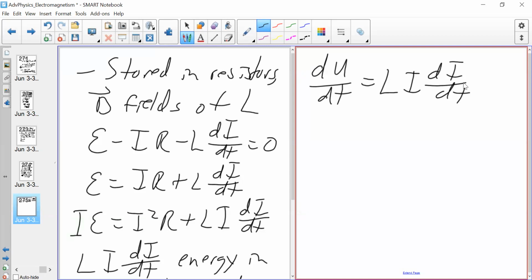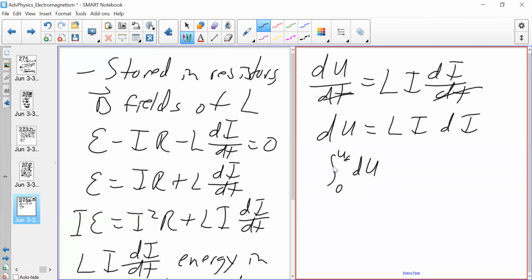So we have to integrate both sides here, but the dt's are on both sides. Should be an easy integral. We are going from a small level of energy, so let's say that at t equals 0, nothing.